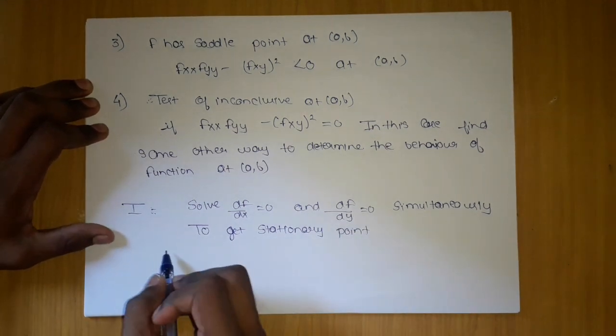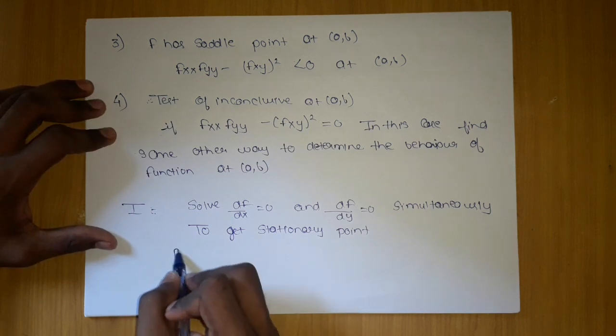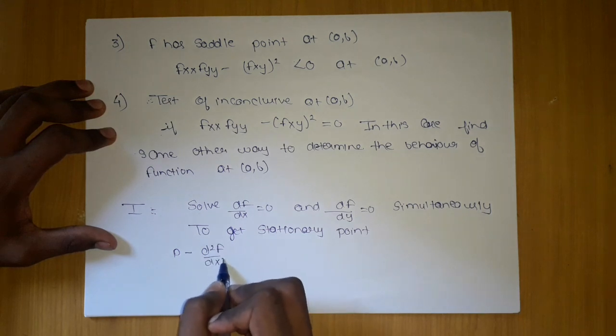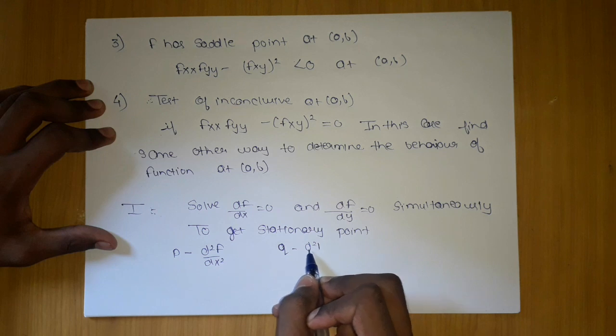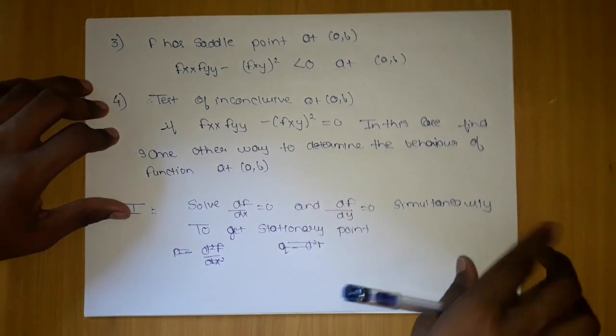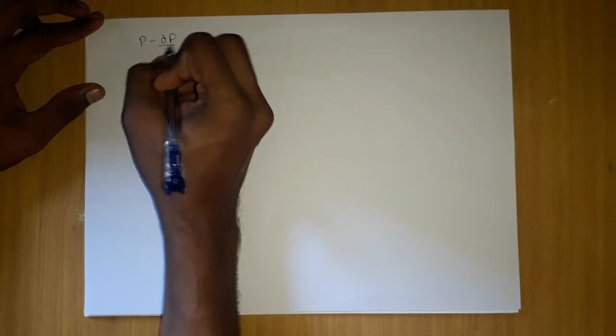Now what we are going to do, we are going to simplify the things by giving them names. Let me take the next page. We will call P as dou f by dou x.